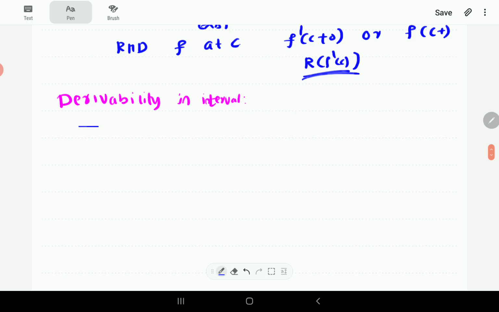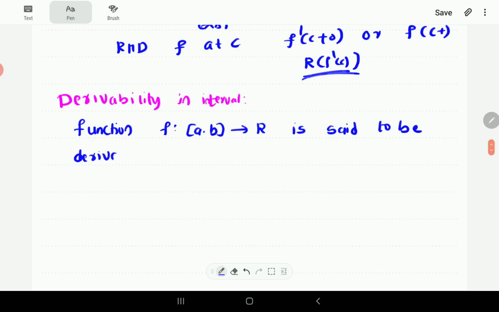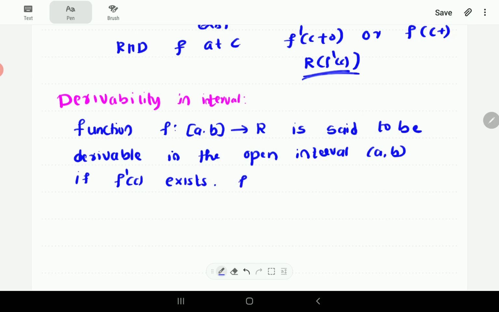Here basically we will take a function f from the closed interval [a, b] to R, which is said to be derivable in the open interval (a, b) if f prime of c exists for each c such that a is less than c, which is less than b.